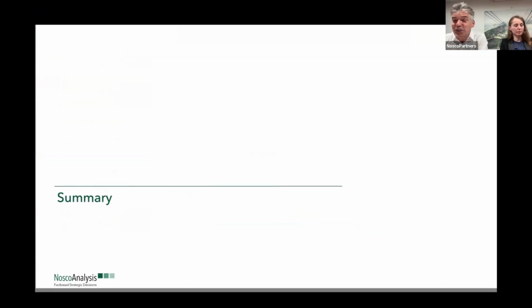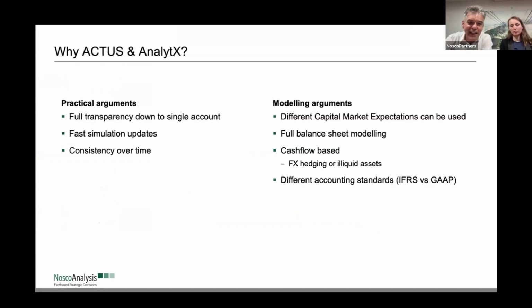I think we have already used our time. Just as a summary, what is really, really great for us is that we have full transparency, that we actually model the whole business and not an aspect of the business. We can very easily change parameters and then compare two scenarios. We have a great consistency over time, and especially everything cash flow based is fantastic for pension funds, because the pension fund business is a cash flow business.